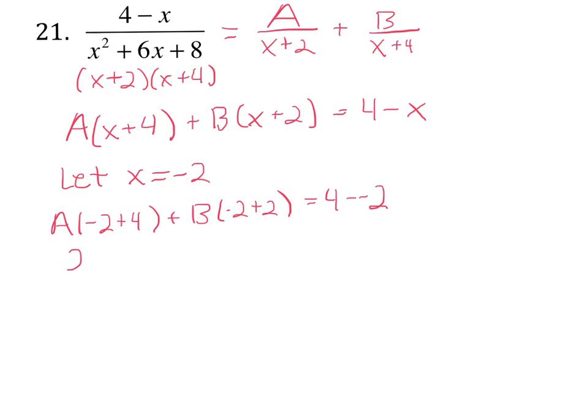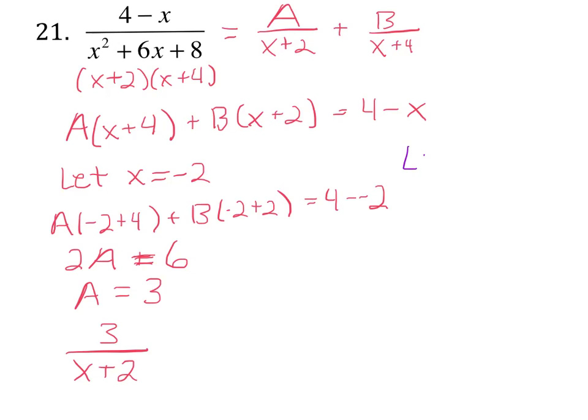So I'll end up with 2a plus 0b equals 6. So a will equal 3. So I already know the first part of my answer. I know that my first fraction is 3 over x plus 2.